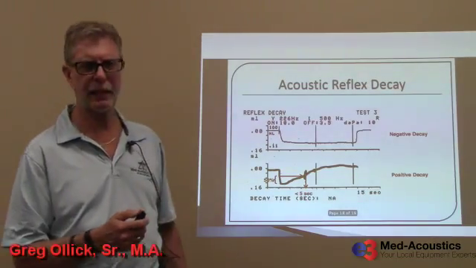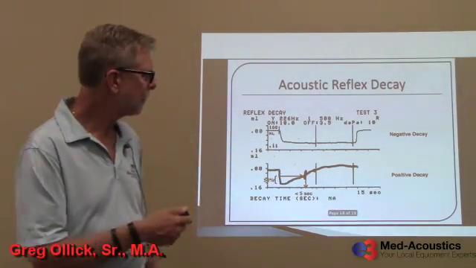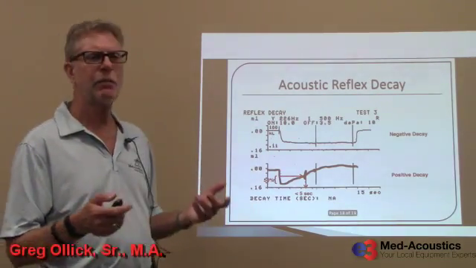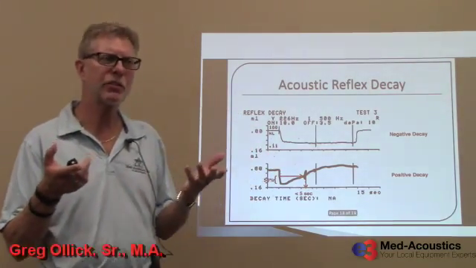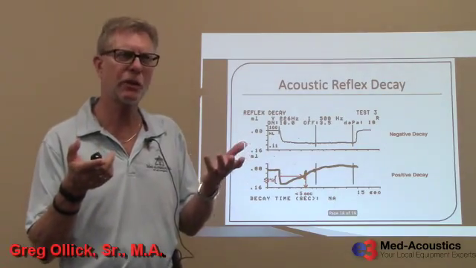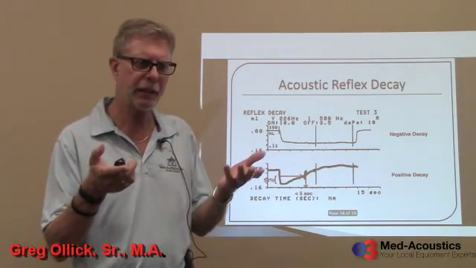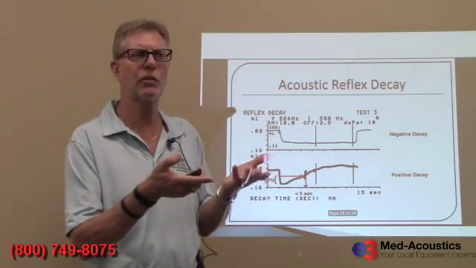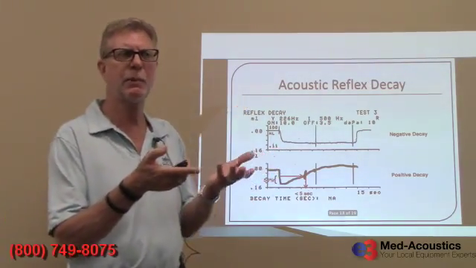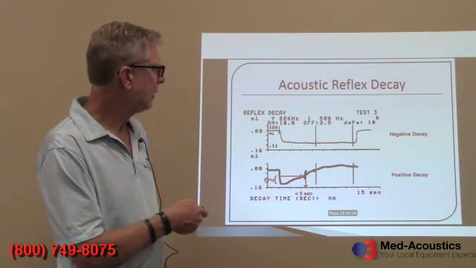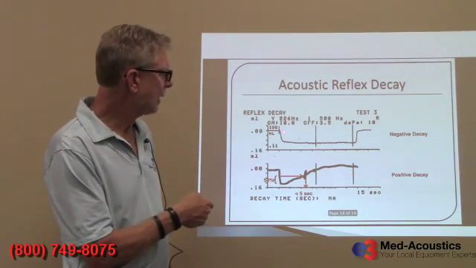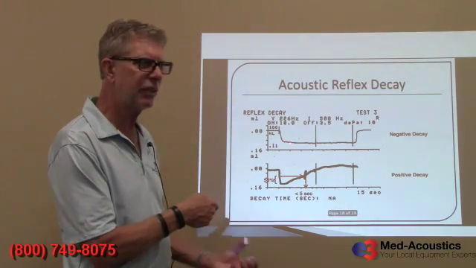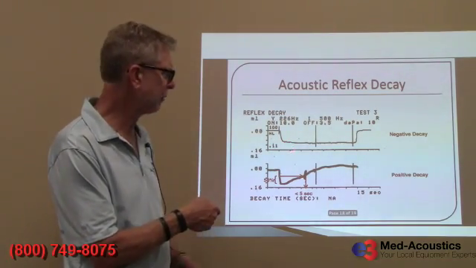Here's reflex decay, next to the last slide. In a normal ear, if you've already determined the reflex threshold and you apply the stimulus at a super threshold level, 10, 15 dB over the threshold, you should see the change in compliance as a result of the stiffening of the eardrum by the stapedial reflex muscle.